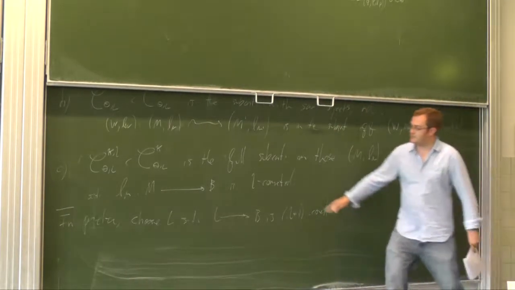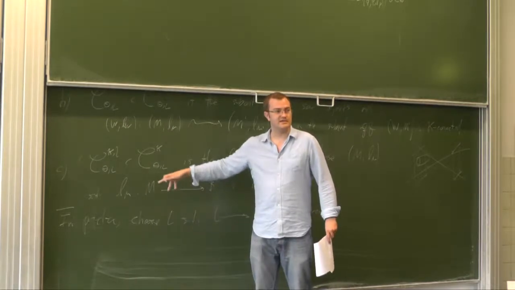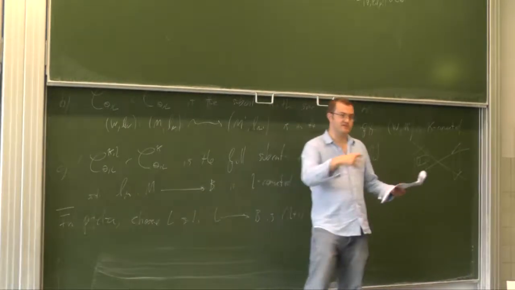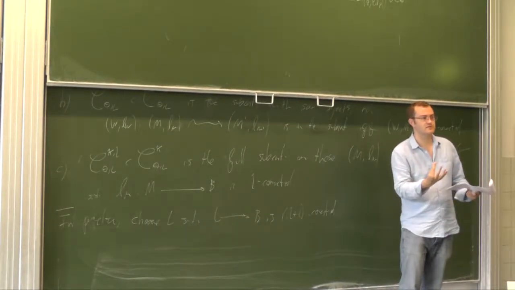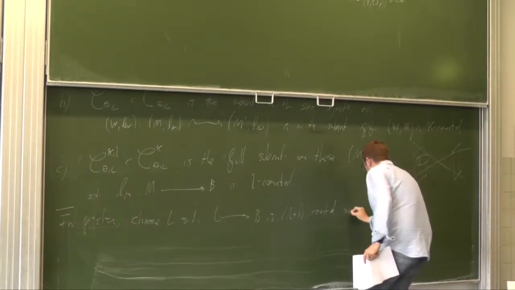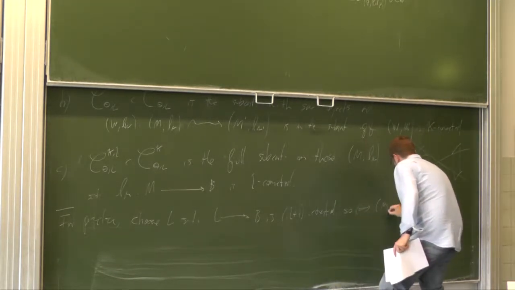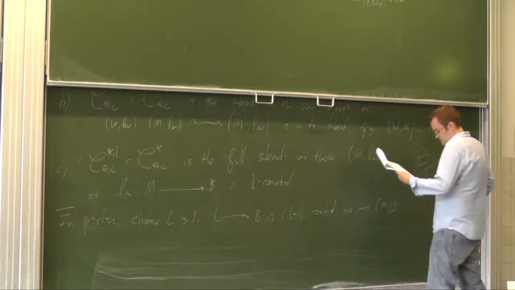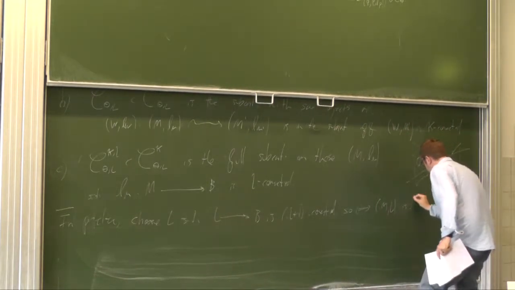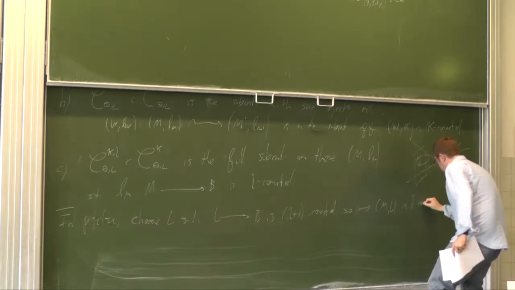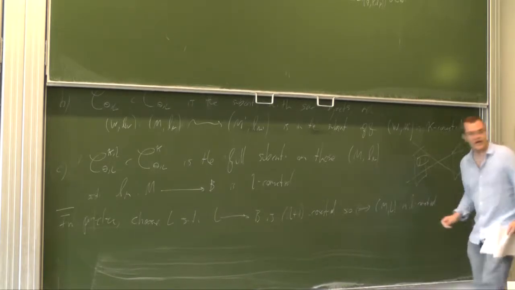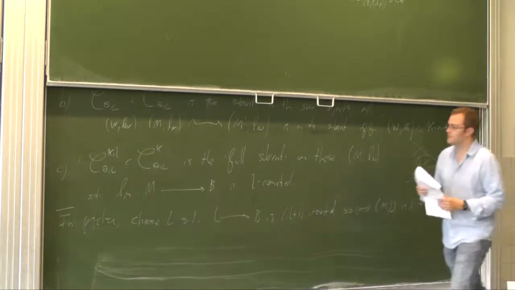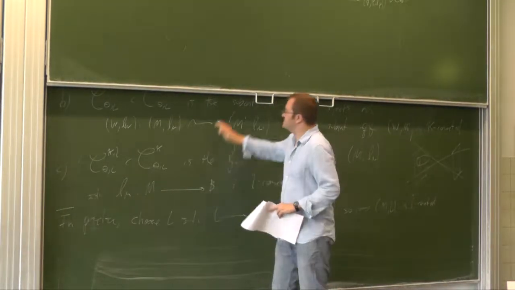And if you've done that, then this condition is the same as saying that M is L connected relative to L, which it contains. So this is equivalent to ML is L connected. Which seems more natural somehow. But this is the one that's easier to work with.